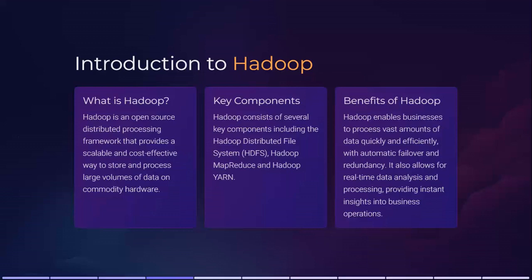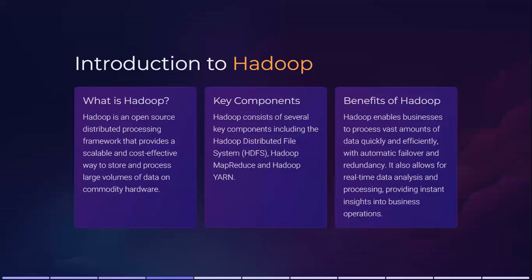Hadoop is an open source distributed processing framework which offers a scalable and cost-efficient way to store and process large volumes of data on commodity hardware, right? So we can store data of any size, and we can process huge amounts of data in a very efficient manner in Hadoop.